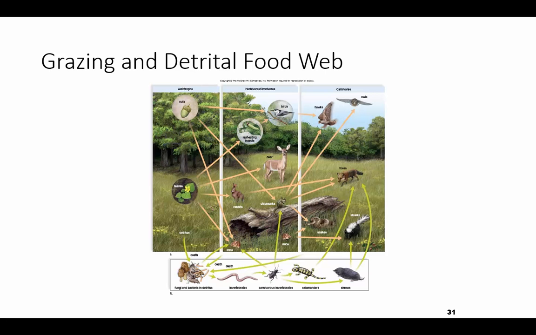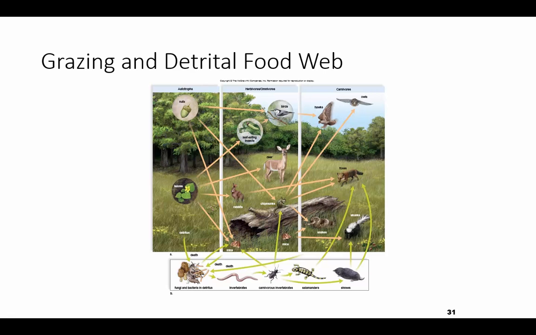So you can see there the chipmunk, that's a first level consumer. It ate the nuts. It's going to be eaten by the hawk, or by the owl, or by the fox, or the snake.